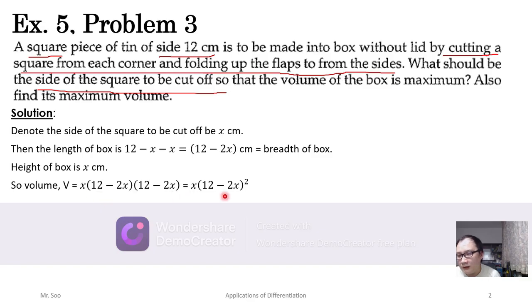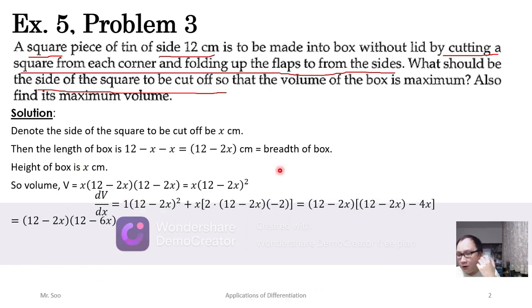Okay, and then once we have this, in order to find out when the volume of the box is at its maximum, we use calculus, meaning differentiate the volume with respect to x. So we have dV over dx, or V prime of x. Take note, it should be the product rule, because we have two terms. The first term is x, the second term is (12 minus 2x) squared.